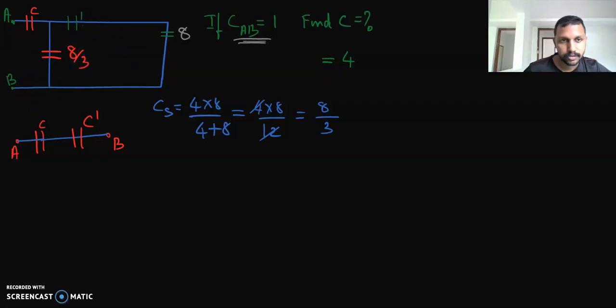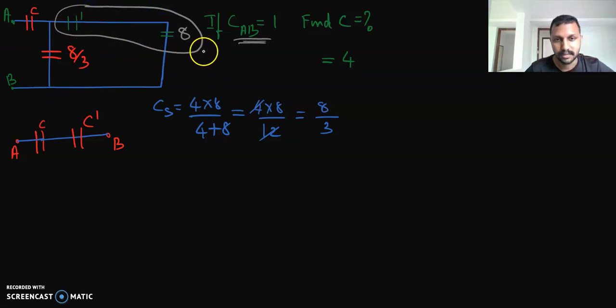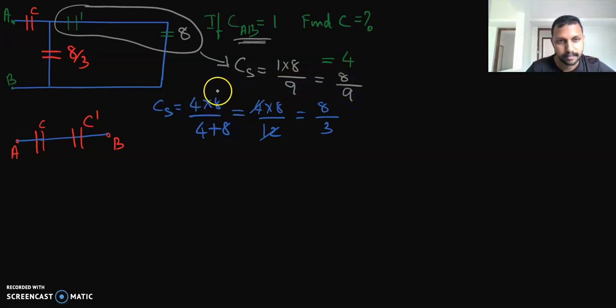And from this circuit diagram, you can see these two are in series: 1 and 8 are in series. Therefore, solving that, CS is equal to C1 C2 divided by C1 plus C2, that is 1 into 8 divided by 1 plus 8, that is 9. Therefore, 8 by 9.